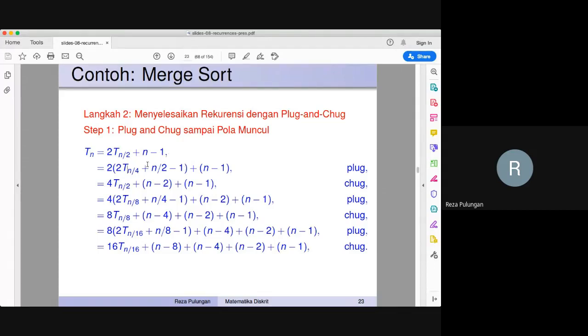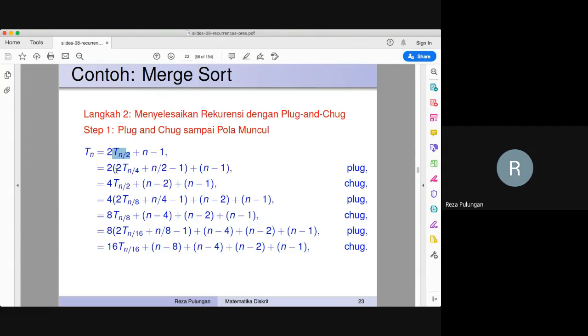So you plug it here: you replace T(n divided by 2) by 2 T(n divided by 4) plus n divided by 2 minus 1. This is basically what we mean by plugging.